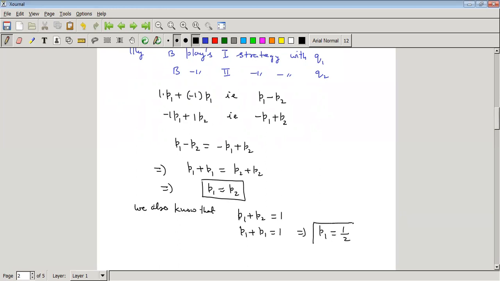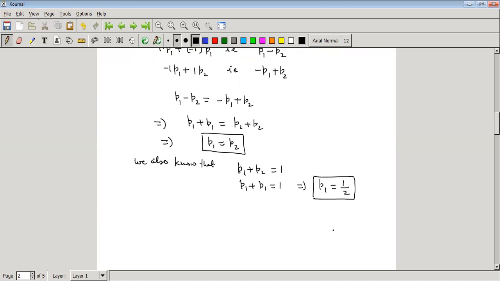So probability, it means 50% of the time player A plays the first strategy, that is half of the time. And similarly, because P1 equals P2, P2 is also equal to 1 upon 2. Okay.